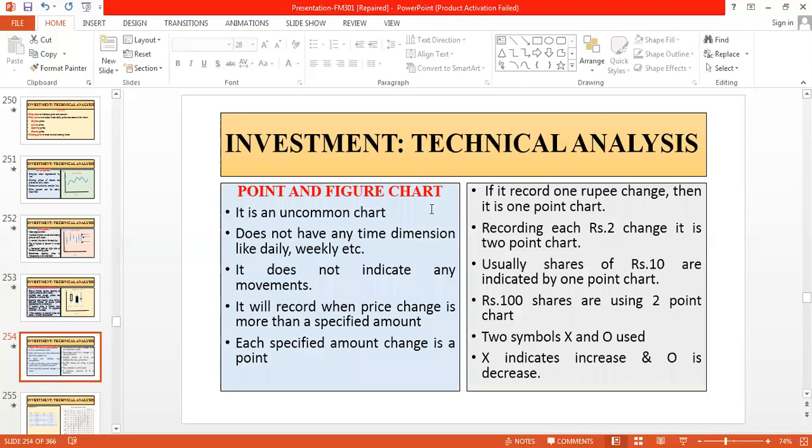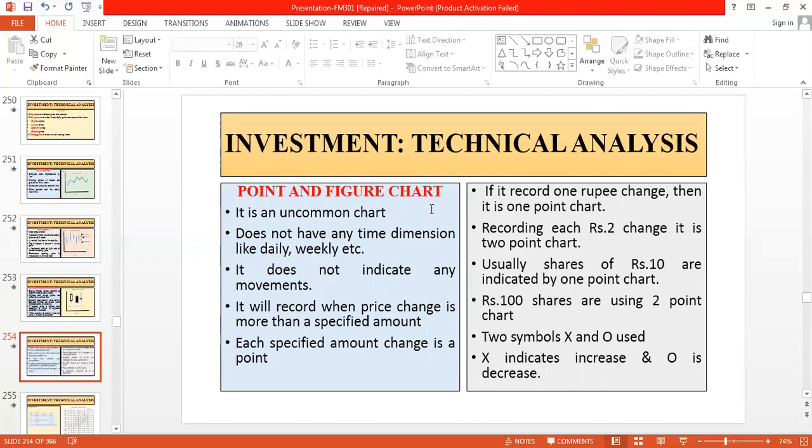It is an uncommon chart. It is not popularly used. It does not have any time dimension like daily, weekly, etc. In the previous charts, daily movements are indicated, but here it can be daily, it can be weekly, or there may be a gap between day one and day two.